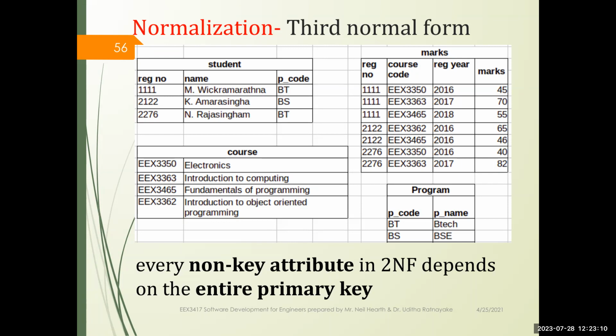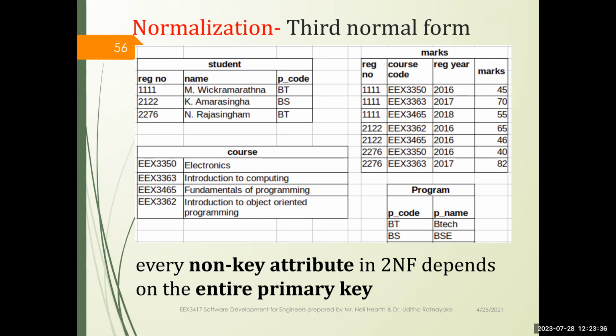Every non-key attribute in second normal form depends on the entire primary key. The non-key attributes are this one, name. Here we can include name, NIC number, all those things.